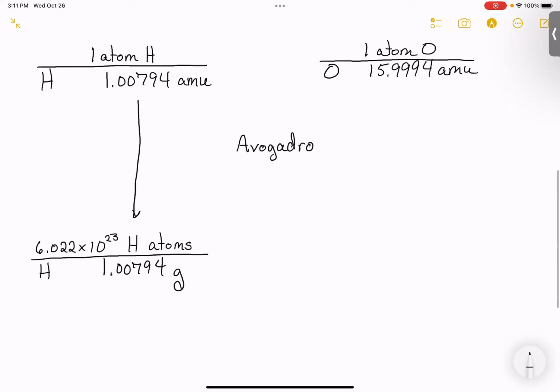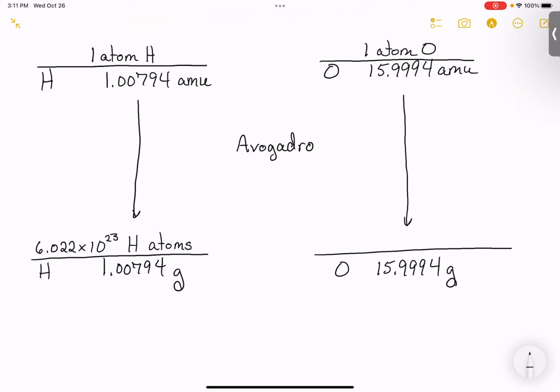For oxygen, if instead of talking about 15.9994 AMU, we talk about 15.9994 grams, now we have 6.022 times 10 to the 23rd oxygen atoms.